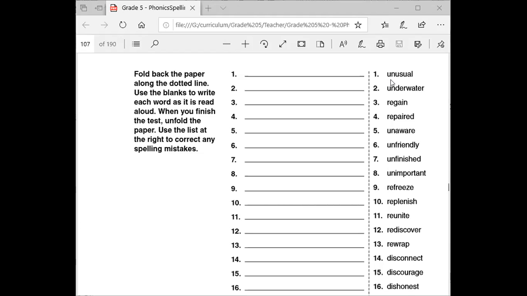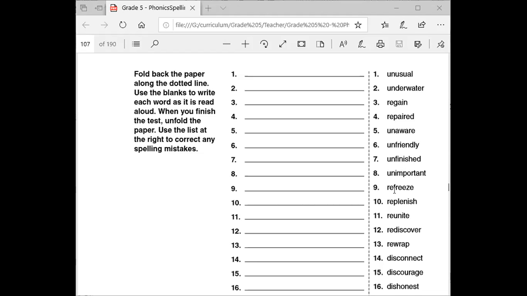Now, the word regain. Your prefix here is re and the base word is gain. Since re can mean again, we mean to say gain back, take back, or have it again. Another example, refreeze.